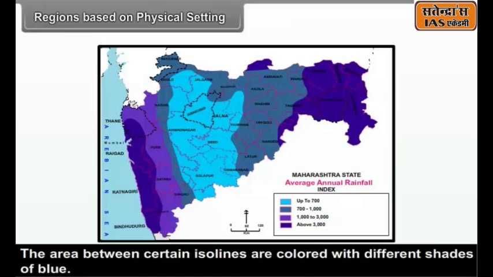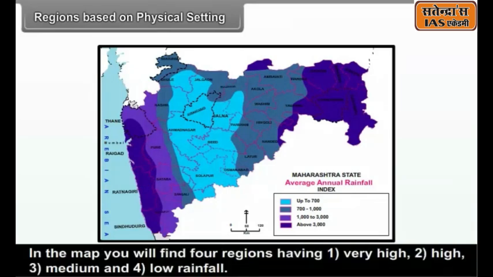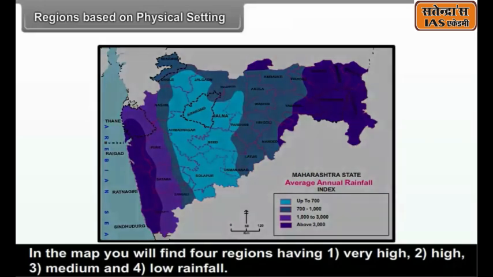The area between certain isolines are colored with different shades of blue. Conventionally, blue color is always used to represent water. In the map, you will find 4 regions having very high, high, medium and low rainfall.